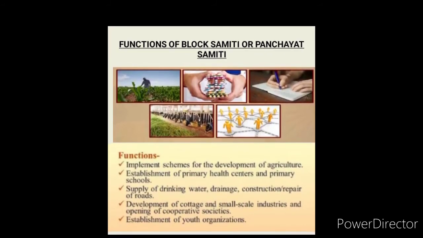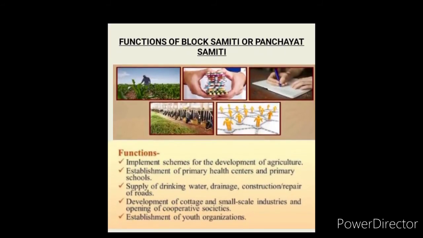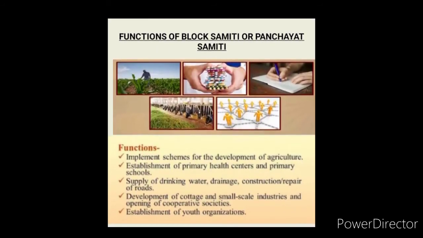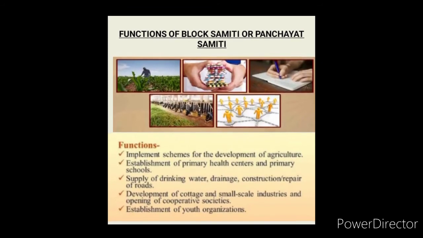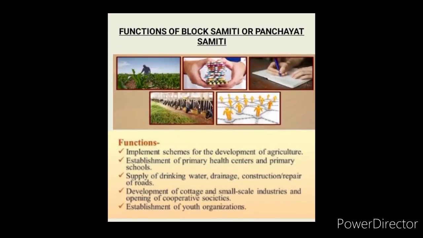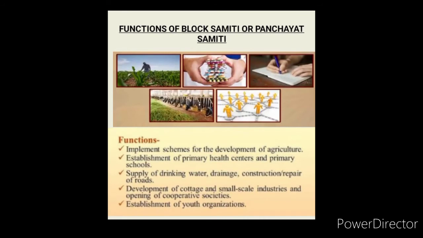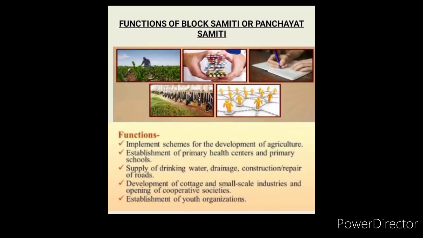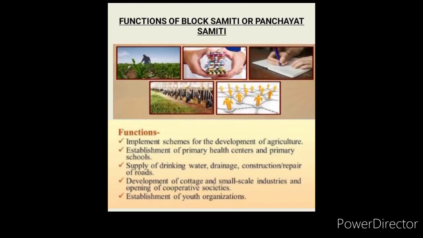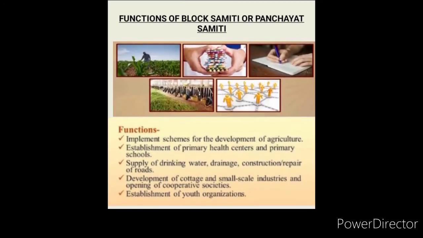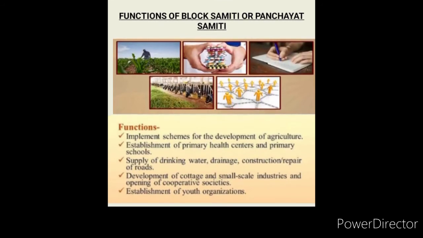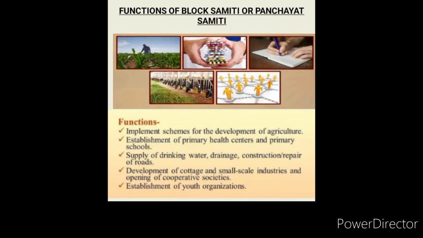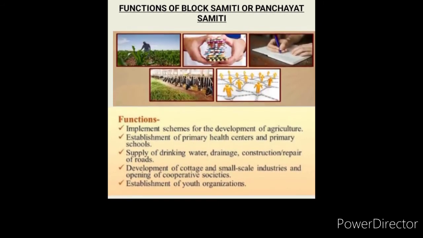Panchayat or Block Samiti implements schemes for the development of agriculture, establishment of primary health centers and primary schools, supply of drinking water, drainage, construction or repair of roads, development of cottage and small scale industries, opening of cooperative societies and establishment of youth organizations, etc. It also coordinates and supervises the functions of panchayats.